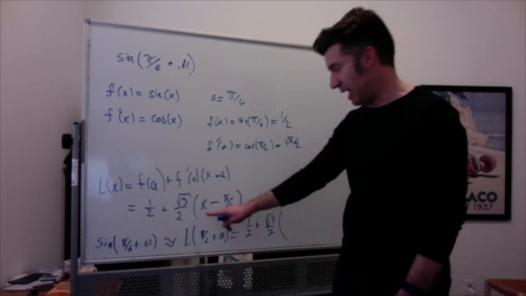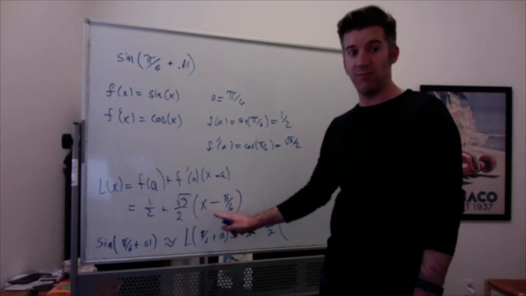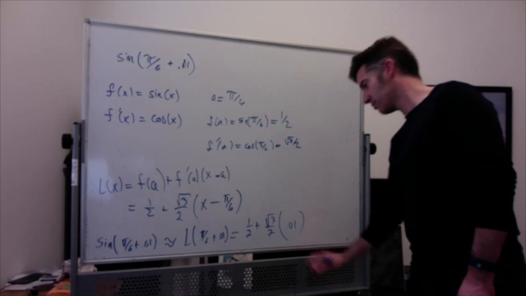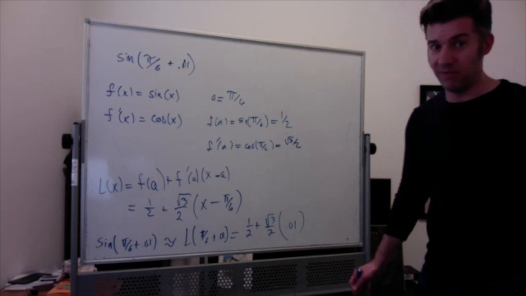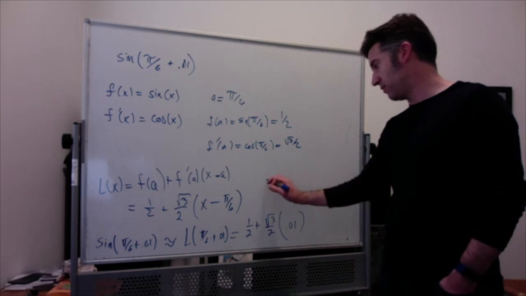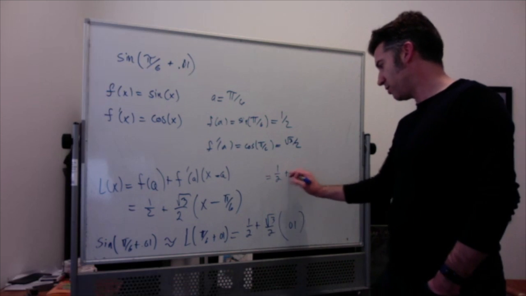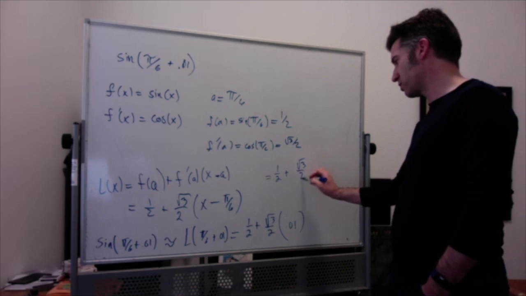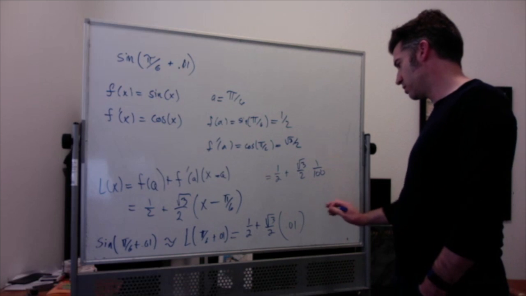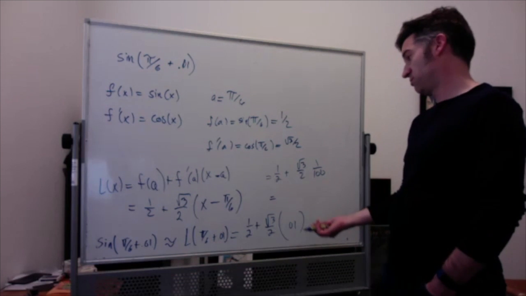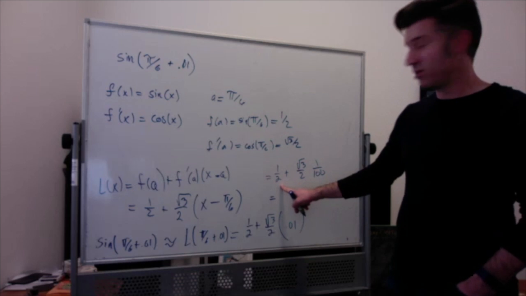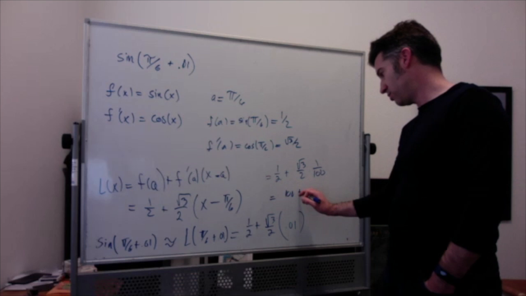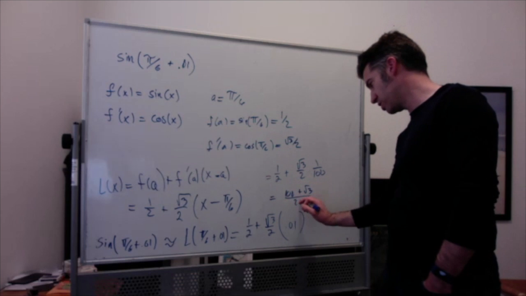I'm just going to say it's pi over 6 plus 0.01 minus pi over 6, so it's just 0.01. And then you could simplify that. I get 1/2 plus root 3 over 2 times 1 over 100, since 0.01 is 1/100th. I guess I can get a common denominator: 100 over 200 plus root 3 over 200.